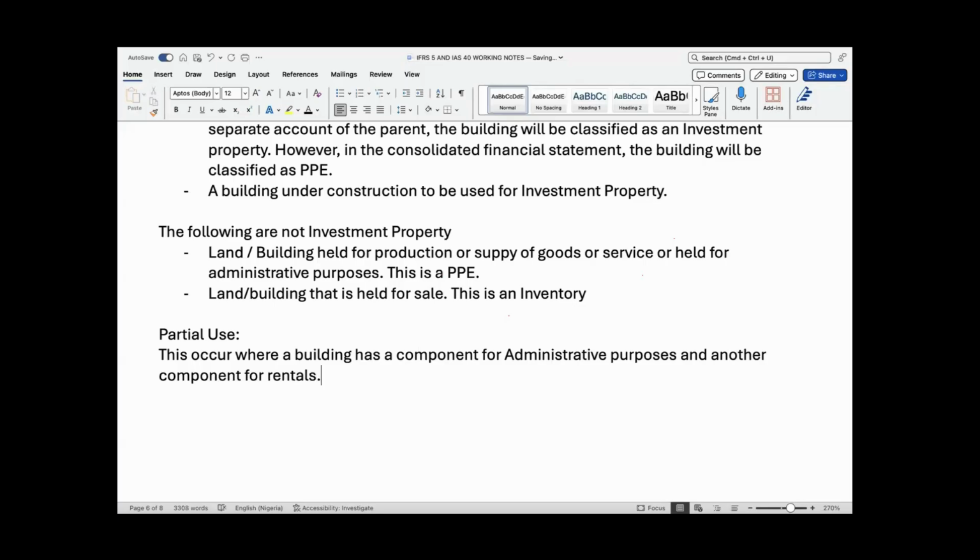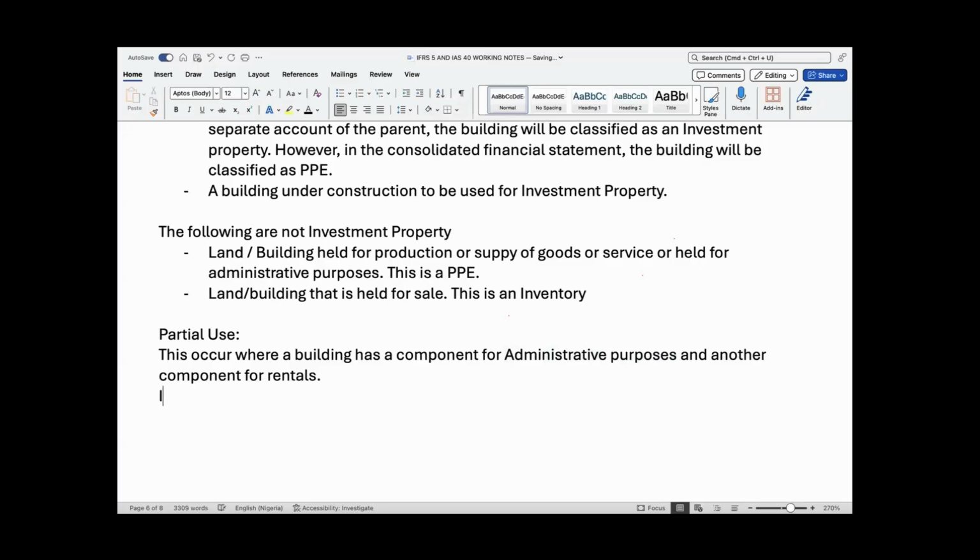So it's like you have a 5-story building, and in 2 floors, you are using it for your head office. And the remaining 3 floors, you are using it for rentals. So how would you classify the building?